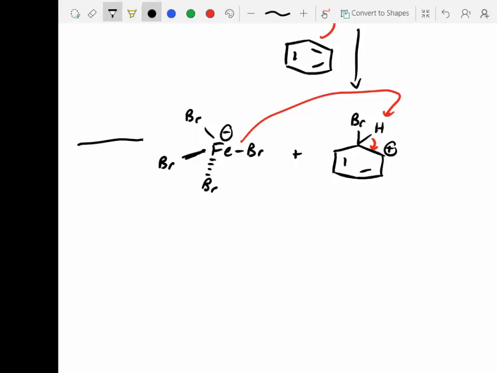So let's add in our new arrows. If you notice, we regenerated our catalyst so that iron tribromide was recreated, and then our byproduct is going to be HBr. So we've created some acid.